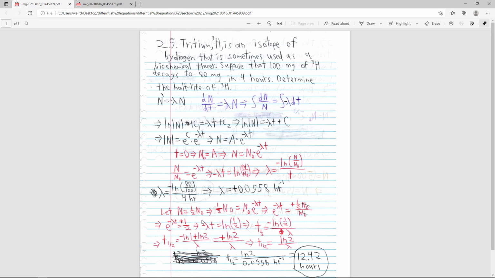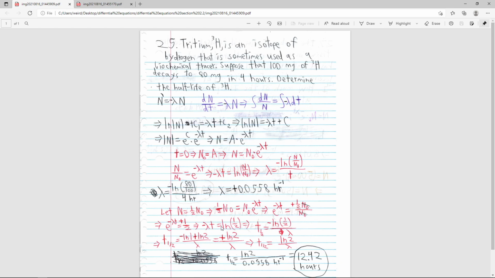It's the time to get half of what was originally present. So we have 1/2 n0 equals n0 times e to the negative lambda t. You divide out n0. So we have e to the negative lambda t equals positive 1/2. So negative lambda t is equal to ln 1/2.